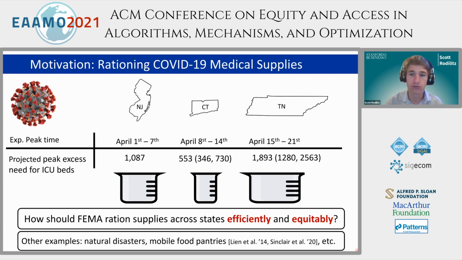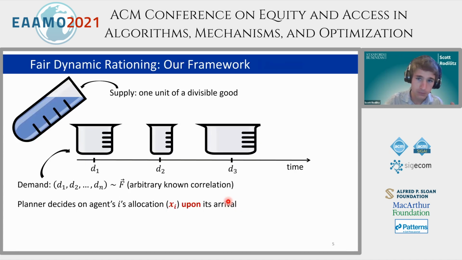I want to introduce our general framework for studying these types of problems, including our model. So we're going to suppose that we have just one unit of supply. So we're normalizing this. It's divisible. And we have a sequence of agents that arrive. And when they do, we observe their demand. Up front, we know the joint distribution of their demand, which can have any sort of arbitrary correlation.